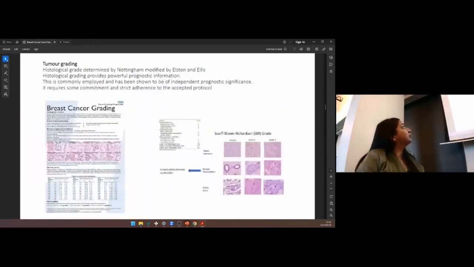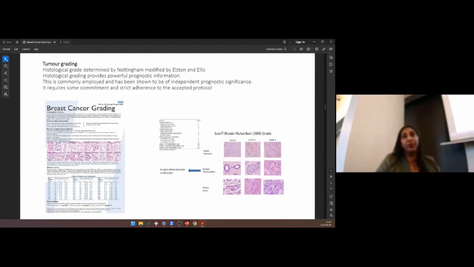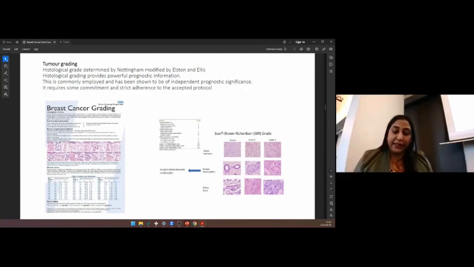In our report, we also include the tumor grade, and the tumor grade is the modified Nottingham grading scale. We use tumor differentiation, mitotic activity, and pleomorphism to get a score. The score is between 3 and 9. Obviously, higher scores would be put in grade 3, while the lower scores would be put into grade 1 and 2.